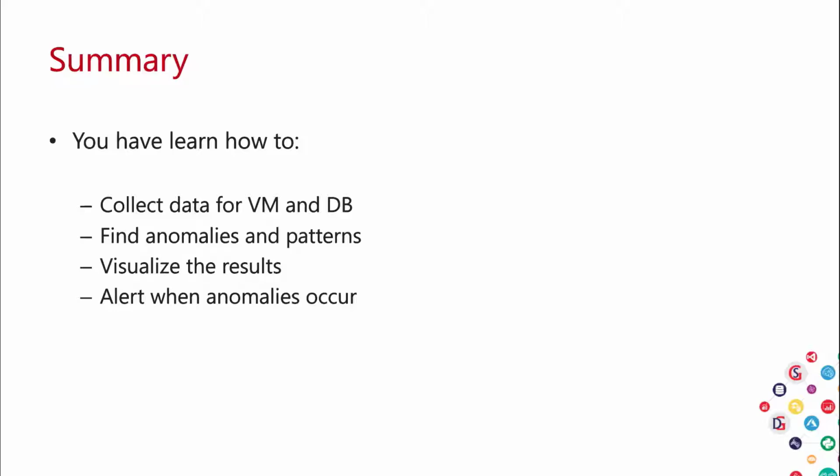And you also learned how to visualize the results on a dashboard, and you can compare side by side the patterns and the anomaly score, and visually you can determine that the bigger the score, the bigger the anomaly.